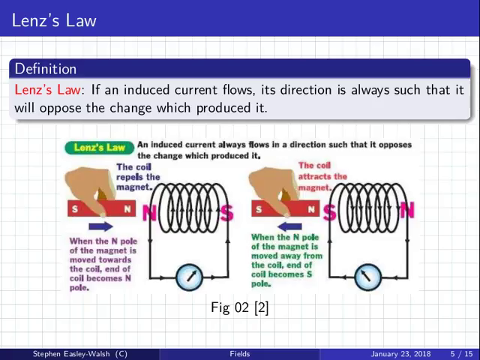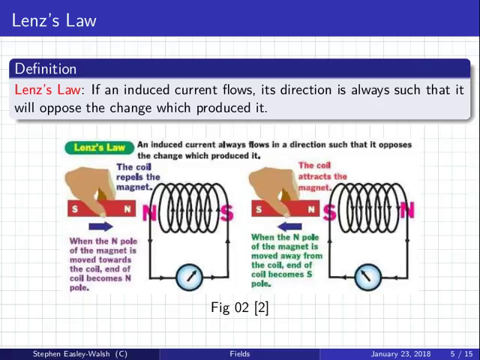If you move the magnet out, then the current will go in, to the right. Here, the current is going to the left as the magnet goes to the right. And here, if you move the magnet back out to the left, then the current goes to the right. This is Lenz's law.